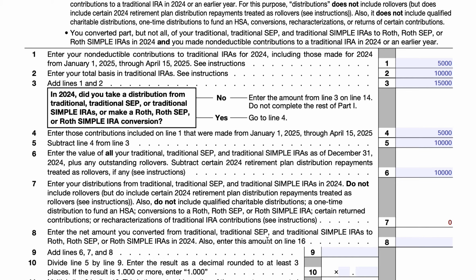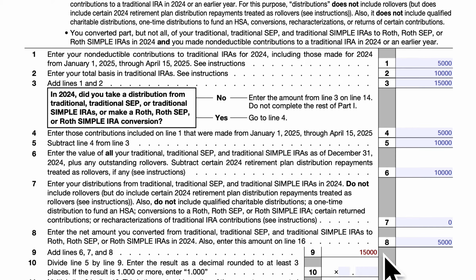Enter the net amount that you converted from a traditional account to a Roth account. Let's just say that he had $10,000 of basis. He has $10,000 of account balances as of December 31st, and he made a $5,000 Roth conversion. We're going to add lines 6, 7, and 8, and we get $15,000.